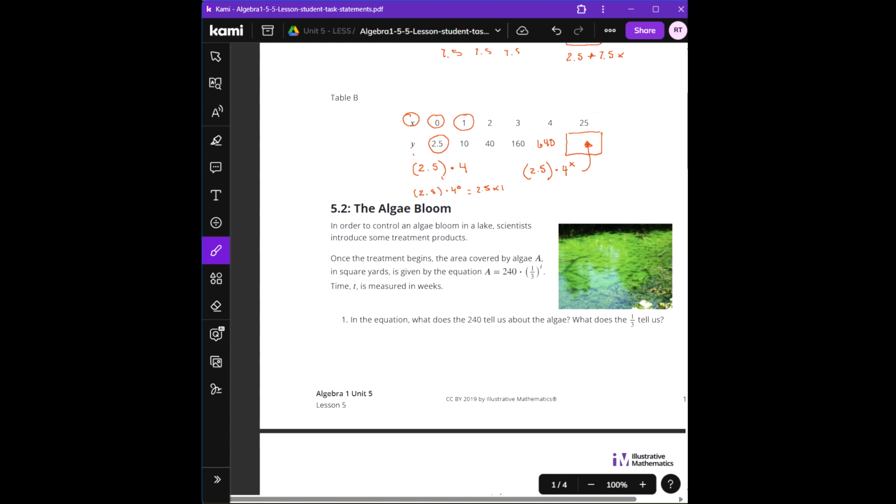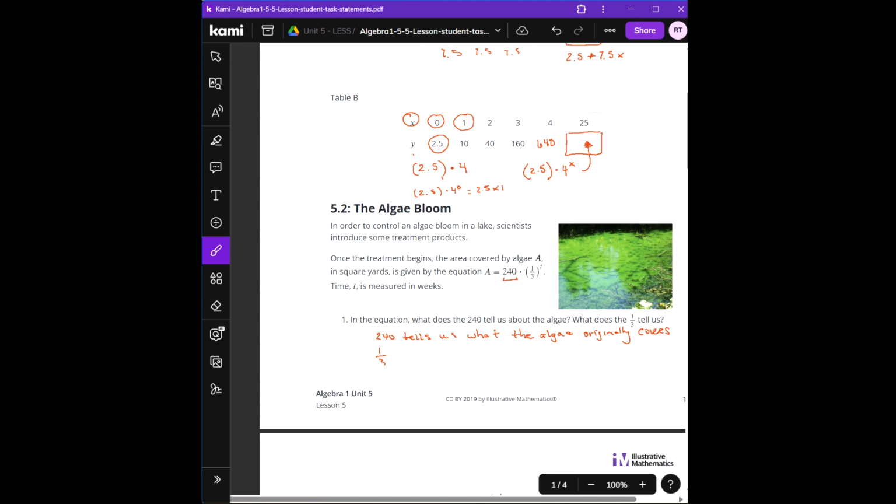Okay, so remember from a previous lesson that this number right here is going to tell us what the algae originally covers. Okay, so it looks like it's 240 yards.